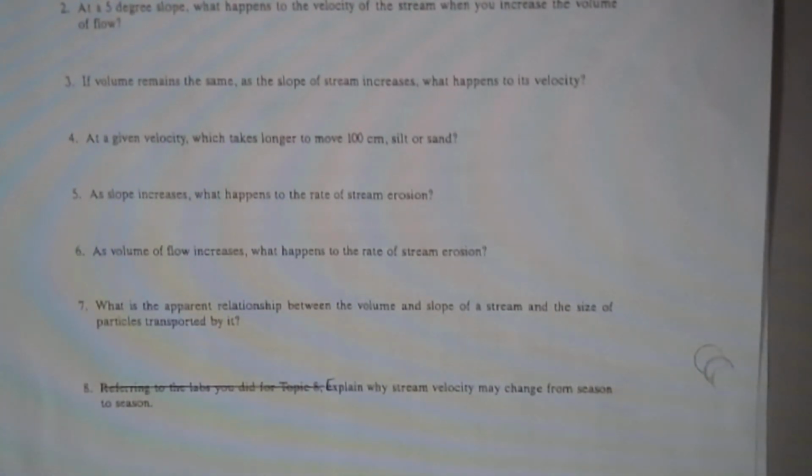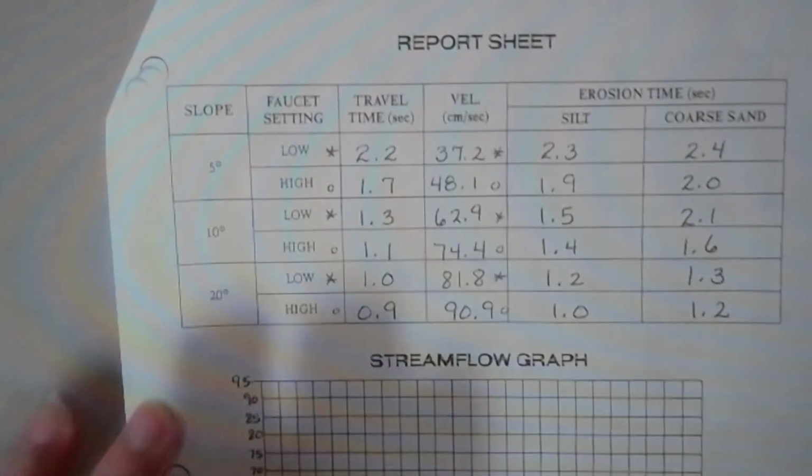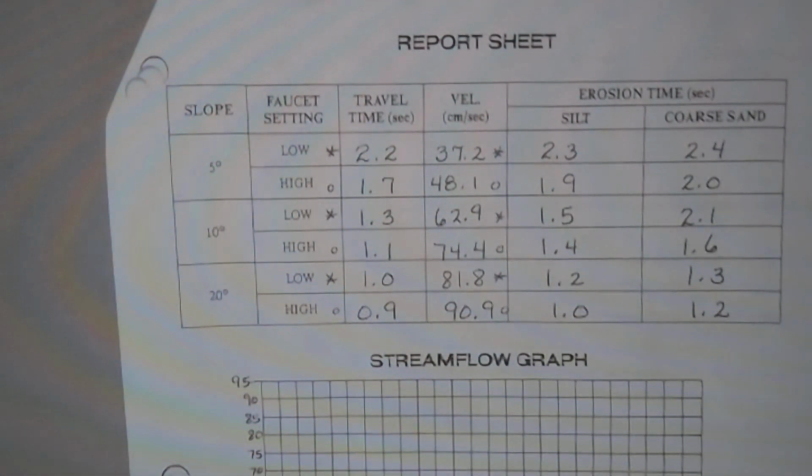Number 4, at a given velocity, which takes longer to move, 100 centimeters of silt or sand? So I'm going to look at the 5 degrees low. The travel time the water is moving at took 2.2 seconds to move through the trough.